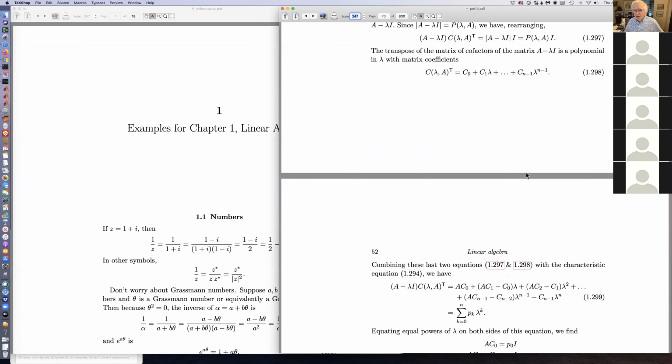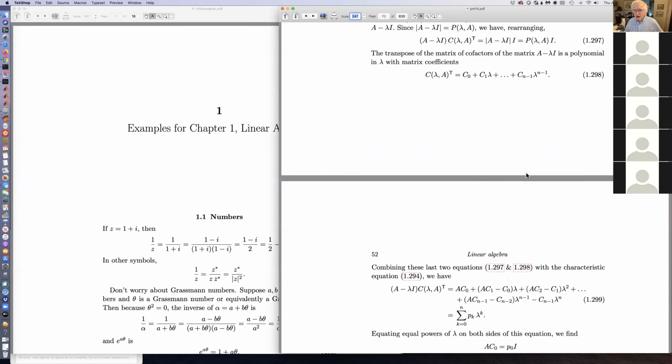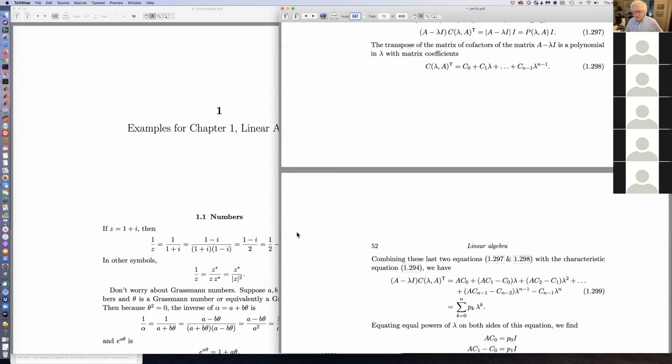If we combine the last two equations with the characteristic equation, what we have is this: A minus lambda I times this is equal to P of lambda, which is, well, just multiplying, A C0, and so on and so forth. In other words, you take A minus lambda I and use it to multiply the right-hand side of this equation, you get that.